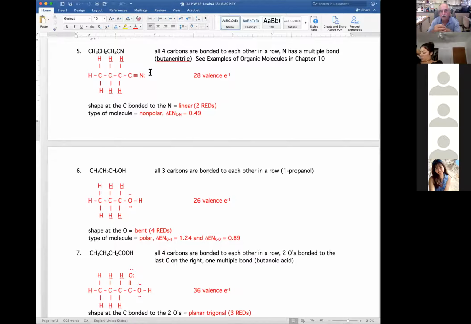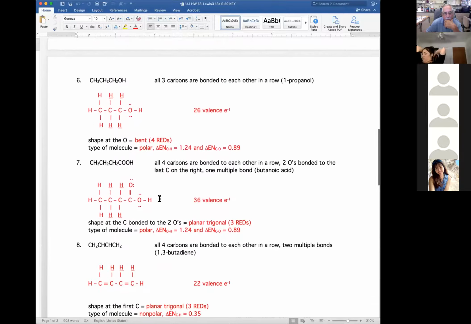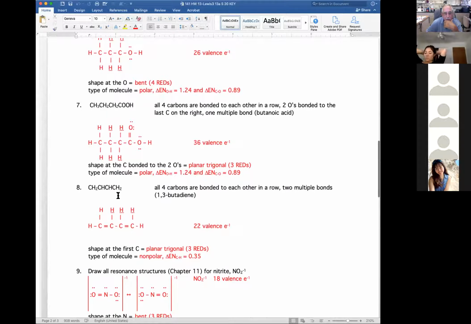If you didn't have molecules like butane nitrile, you couldn't get those 2 molecules together to have a chemical reaction. So here's an alcohol. Here's a carboxylic acid. Here's a diene.